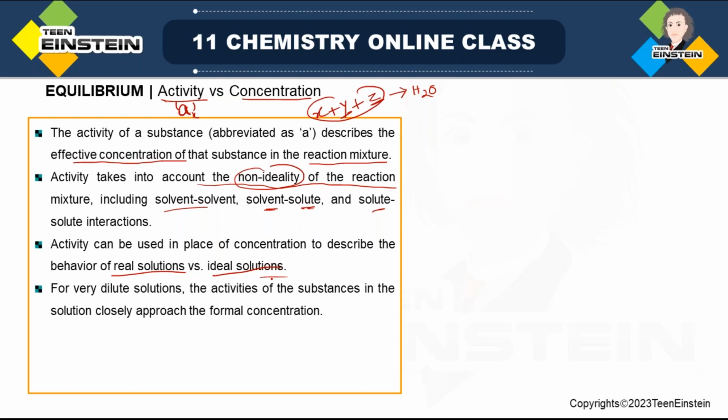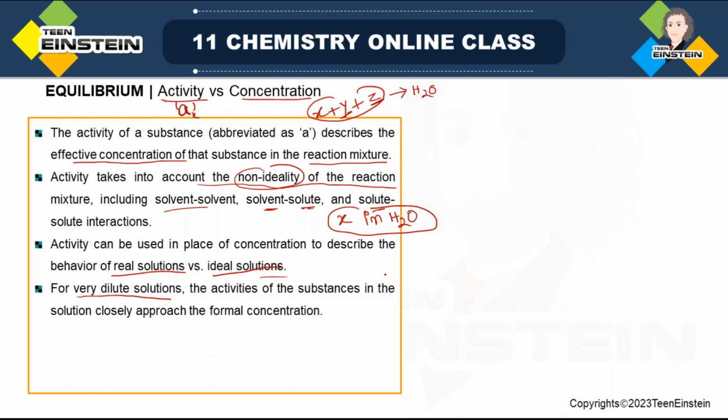But generally we do not use activity, because the solution that we deal with is mostly very dilute solution. So you can expect when it is very dilute solution, here also X is present in water, as if solvent is water. Now as it is very dilute solution, individual molecules are far from each other.